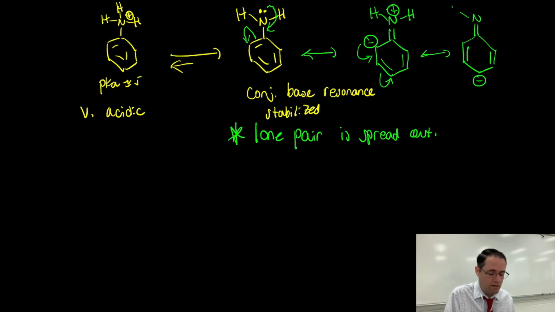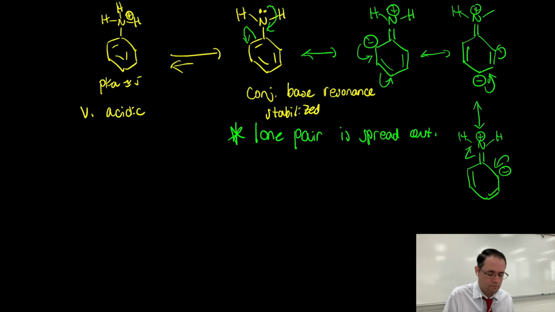Let's draw them out. The negative charge could exist at the para position. Negative charge could exist at the ortho position. And we could take this back up to the top, okay?